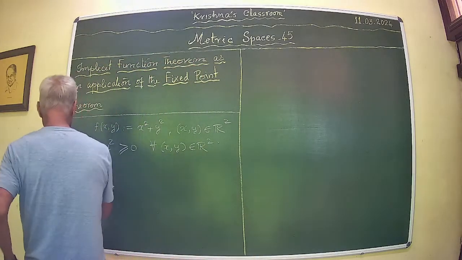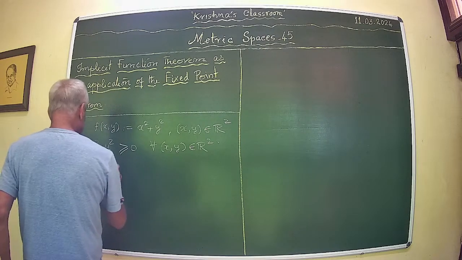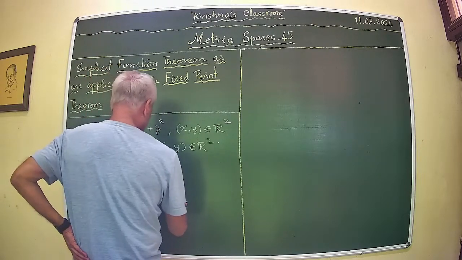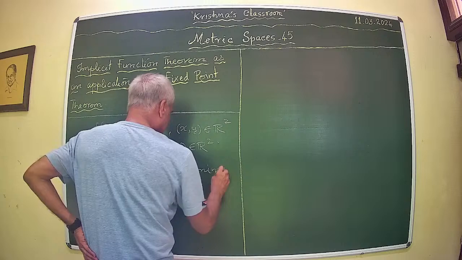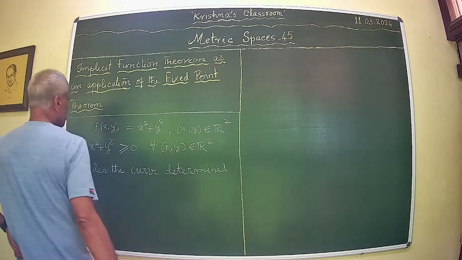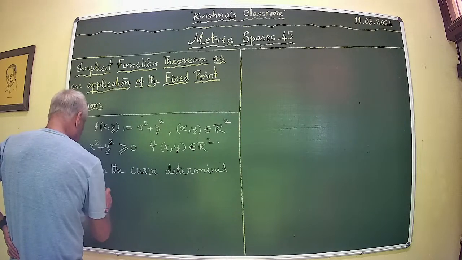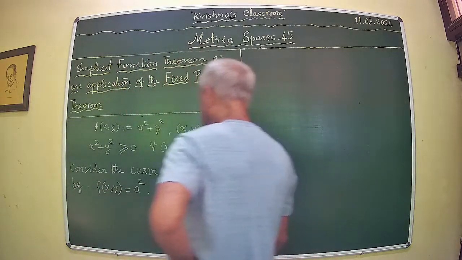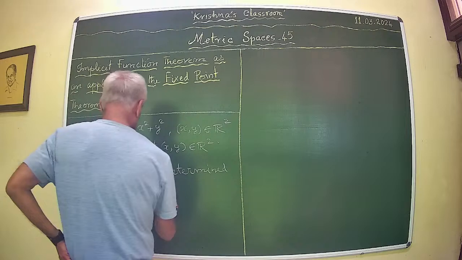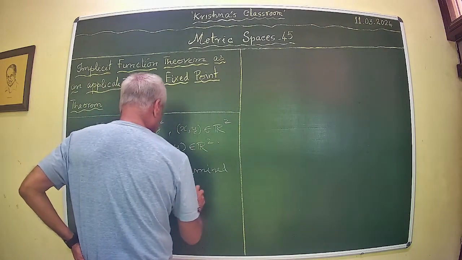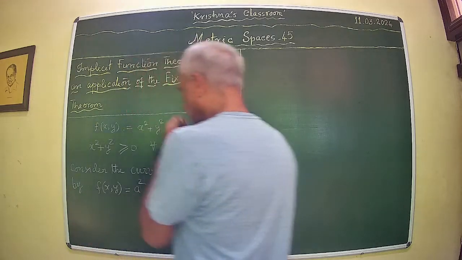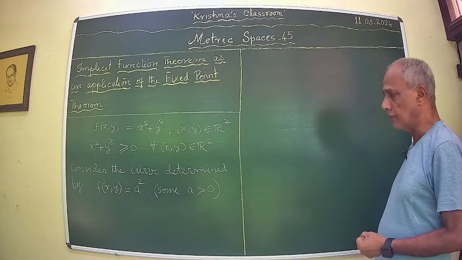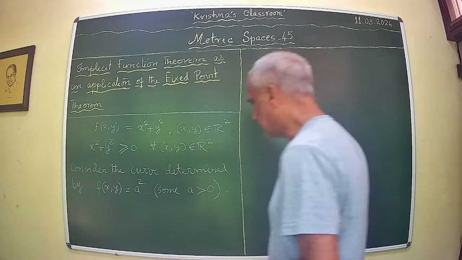Now consider the curve x square plus y square equal to a square, for some a belonging to R. Then the geometric manifestation of this in R2 is the following.